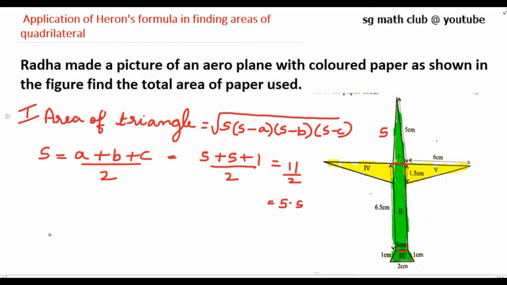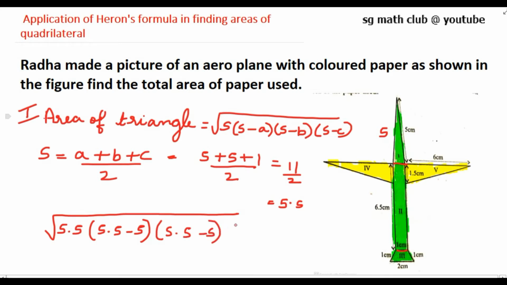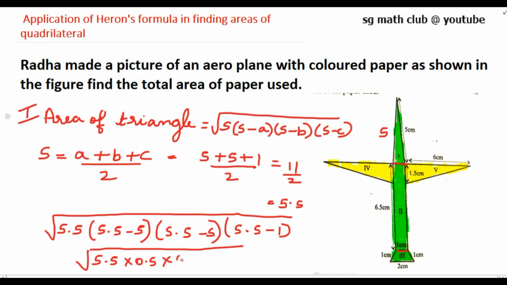We will substitute in the formula. So it is equal to square root of 5.5 into 5.5 minus 5 into 5.5 minus 5 into 5.5 minus 1. When you solve this, we have 5.5 into 0.5 into 0.5 into 4.5.